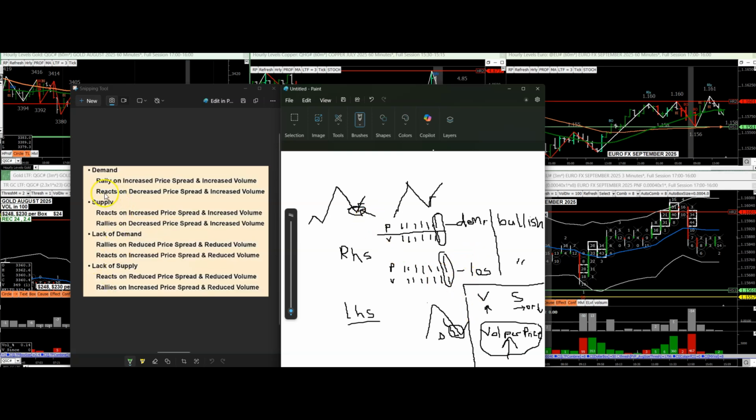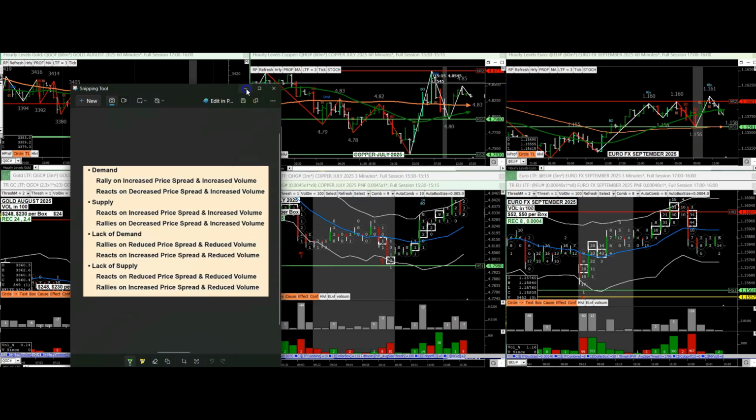If price is reacting on decreased spread and increasing volume, that means we can show the relationship and quantify and measure it, and it would basically be volume per price, and this would be increasing. So let's now take a look at actual examples of this.